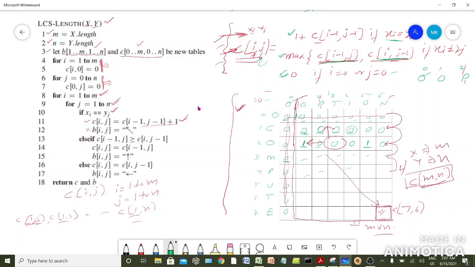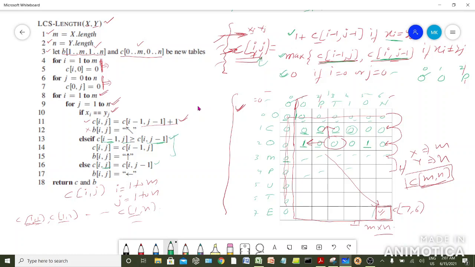So this is done using this statement. Else if means when xi is not equal to yj, then we need to compare these two. Fine. If this is true, then c of ij is going to contain this value. If this is false, then c of ij is going to contain the second value. Fine. So in this way, this matrix is going to be generated.